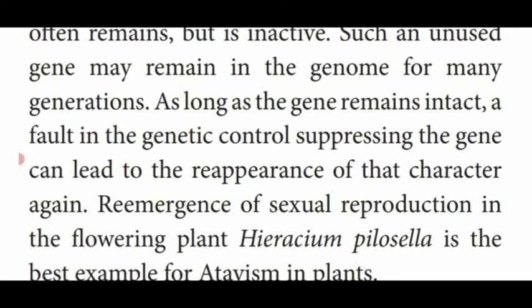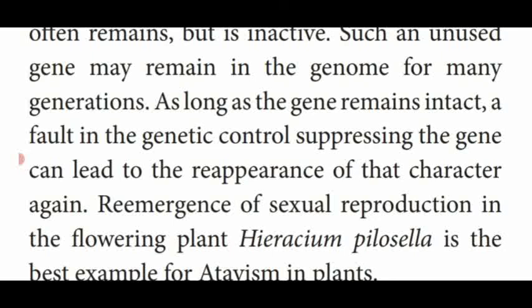See, as long as the gene remains intact, that is, it remains in the same DNA, a certain fault in the genetic control, suppressing the gene, can lead to the reappearance of that character again.